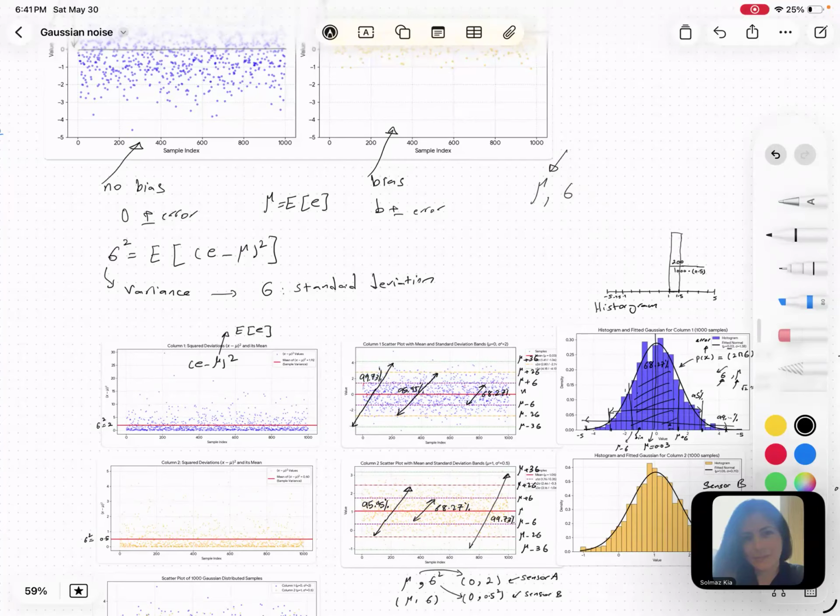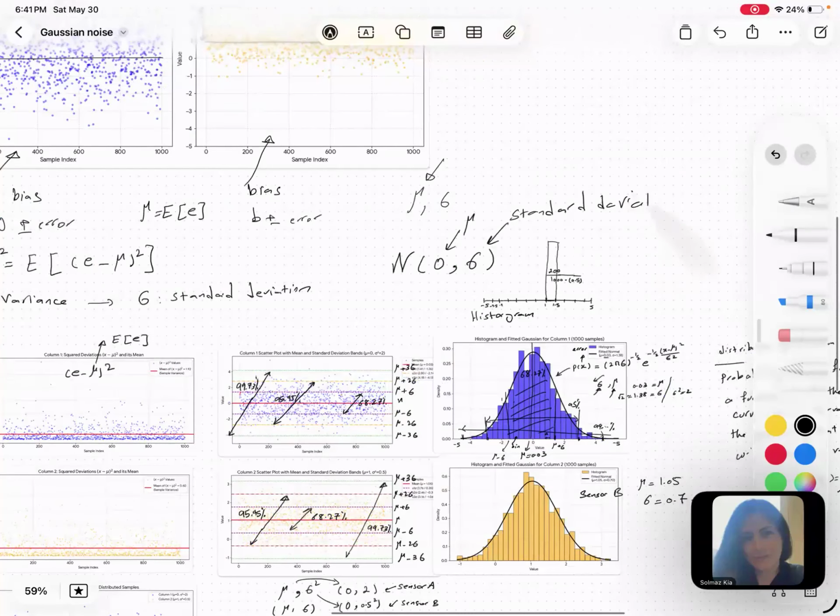So at the end of the day, for most of the problems that you end up working with, you end up with a Gaussian noise, which we often show with a curly N with 0 and some sigma. 0 is the mean, and sigma is the standard deviation. And your sensor measurements are going to be the truth plus or minus some error, which is distributed as a zero mean Gaussian.